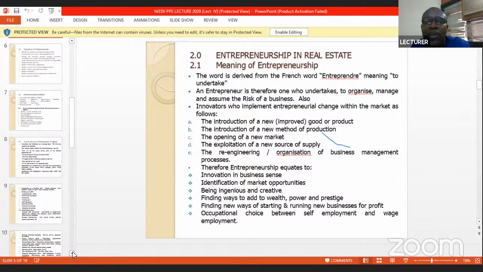Entrepreneurs can also introduce a new method of production. In other words, apart from introducing a new good or product or service, they can come up with new methods of production, especially a method that saves costs.